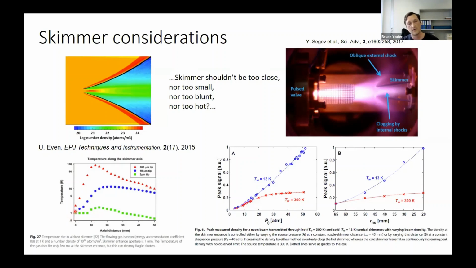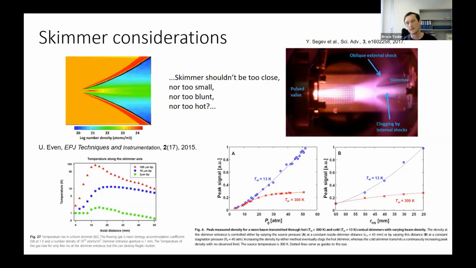This temperature increase that we see for various skimmer rim thicknesses is only momentarily increased, but the extreme temperature increase can cause the fragile clusters that you want to generate to be destroyed. So damaged or blunt skimmers should not be used. In some cases, even cooling the skimmer is helpful.